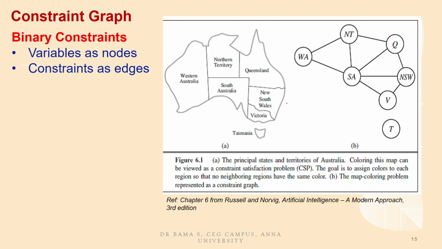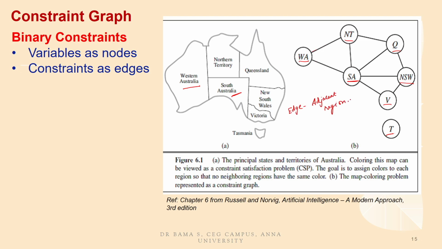Here the states are represented as nodes, all these are the states of Australia as nodes in the graph, and the edges represent the adjacent regions.